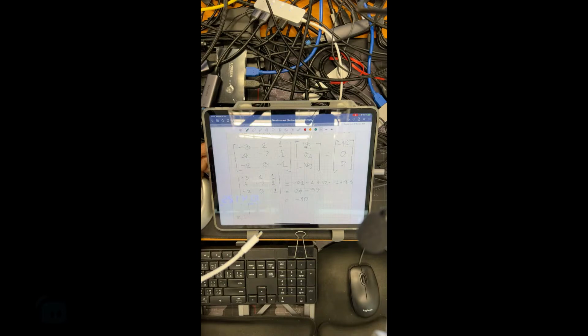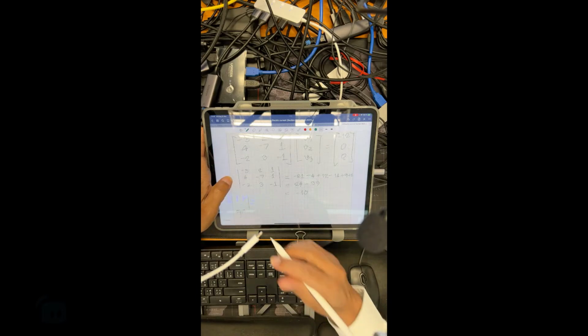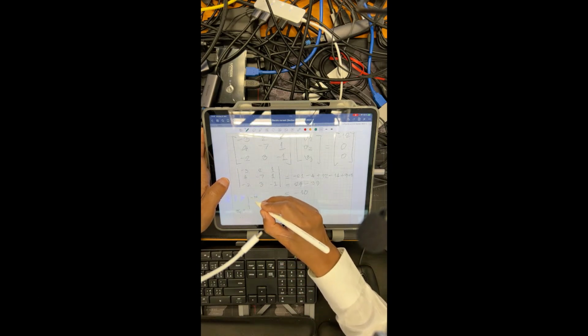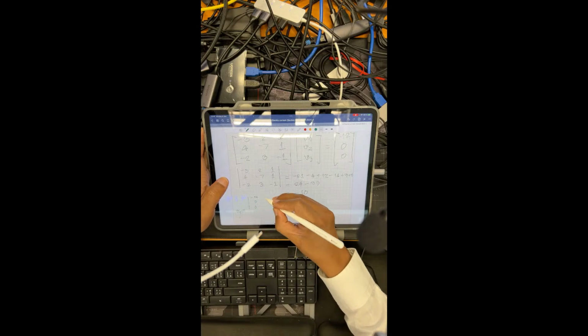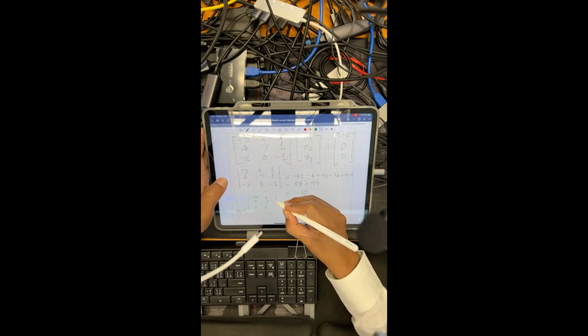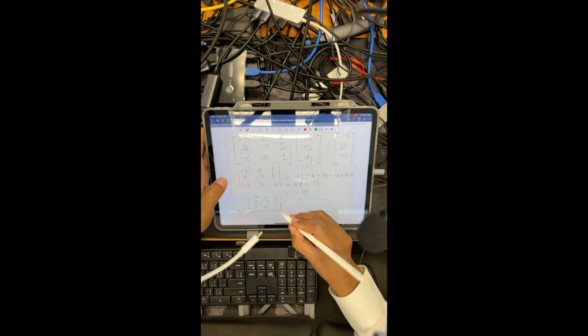We're gonna change the first column by this result, right, which is minus 12 and 0, 0, and 2 minus 7 and 3, 1, 1 minus 1, right?